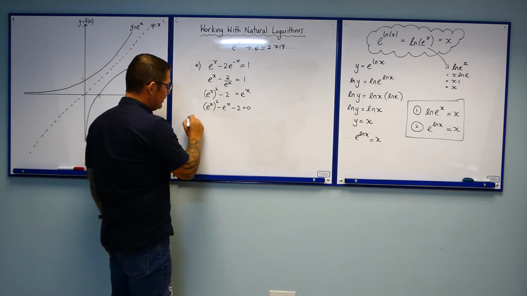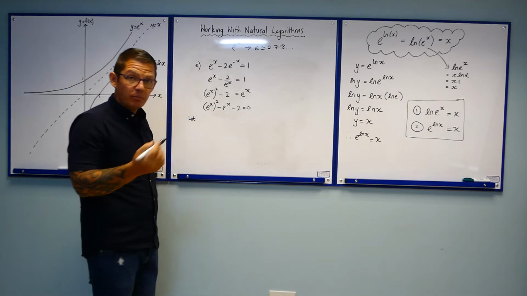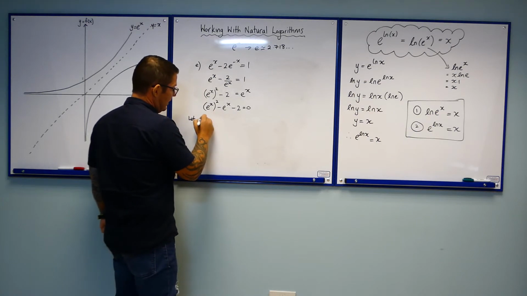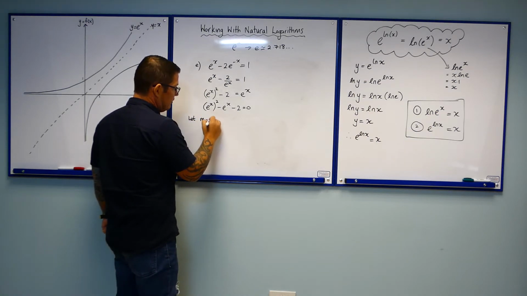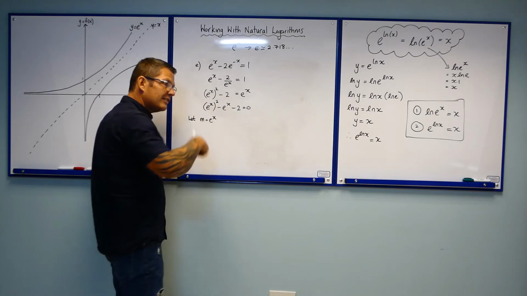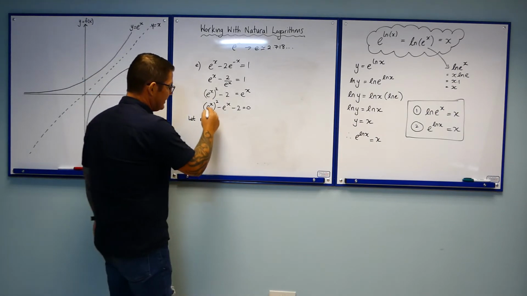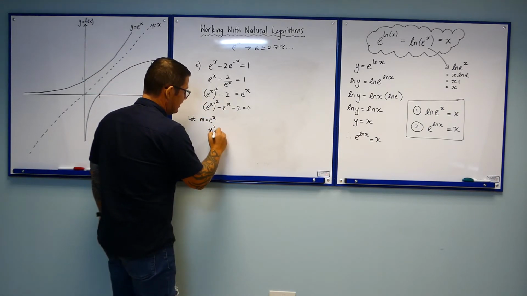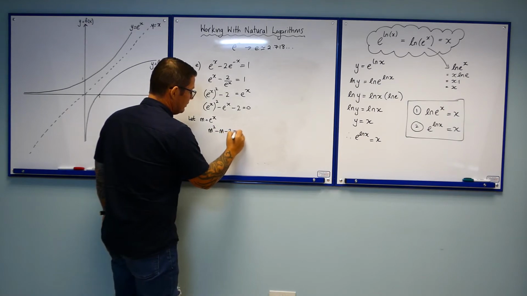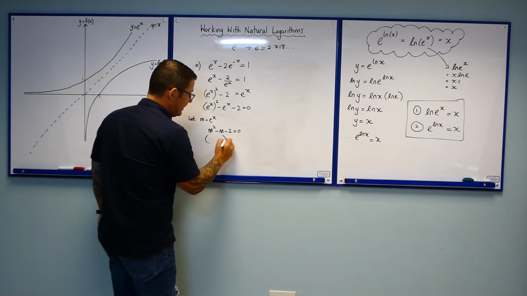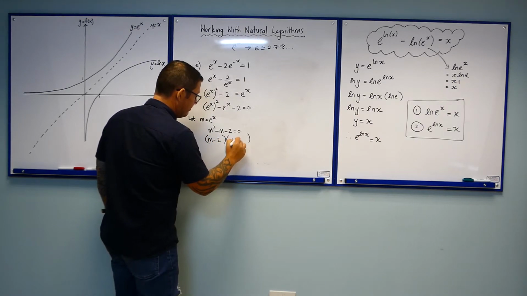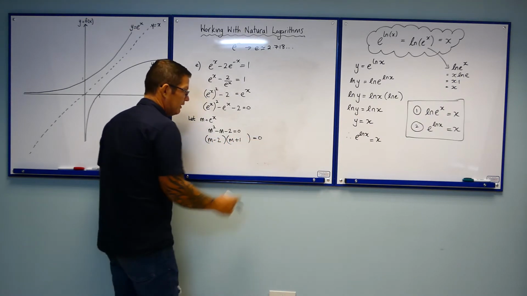If we use a substitution to help us, let m equal e to the x, it makes it easier to see this quadratic. I get m squared minus m minus 2 equals 0, which is very easy to factorise. You're going to get m minus 2, m plus 1 equal to 0.